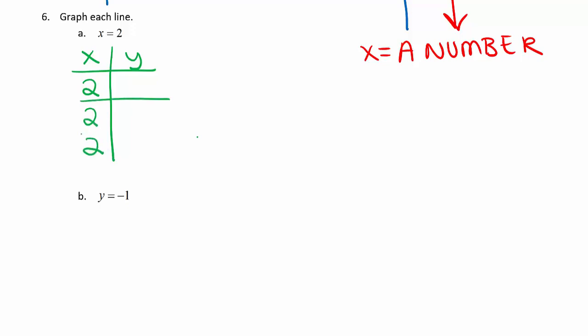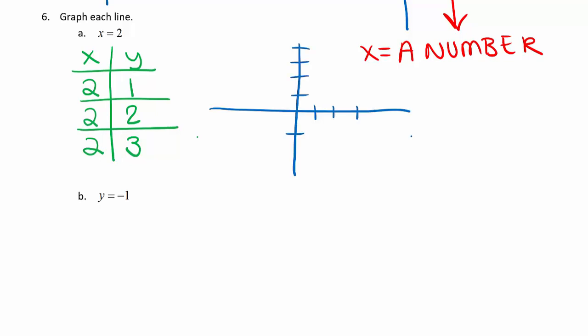That's what this equation is telling me. And the y's can be any number you want. So you can pick any number you want for y. The x's are always 2. And so if we plot these points, x is 2, y is 1, x is 2, y is 2, x is 2, y equals 3, I can visually see that I have a vertical line. I have a vertical line with an x value of 2.